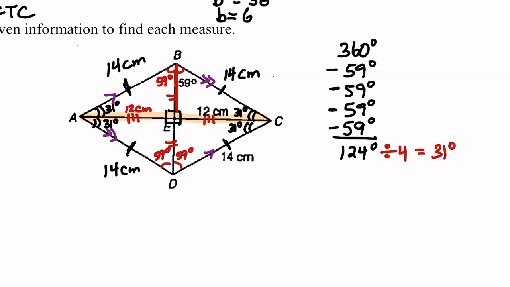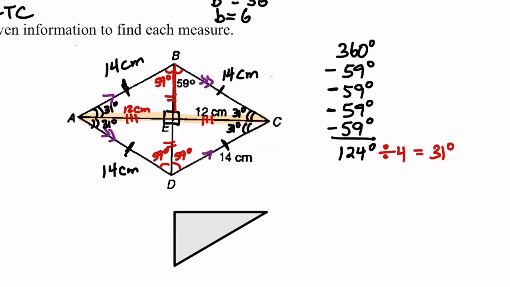If I can just look at one of these triangles, I'll just take this one right here, and then pull it out, take a look at it. It's a right triangle in which a leg is 12 and the hypotenuse is 14.